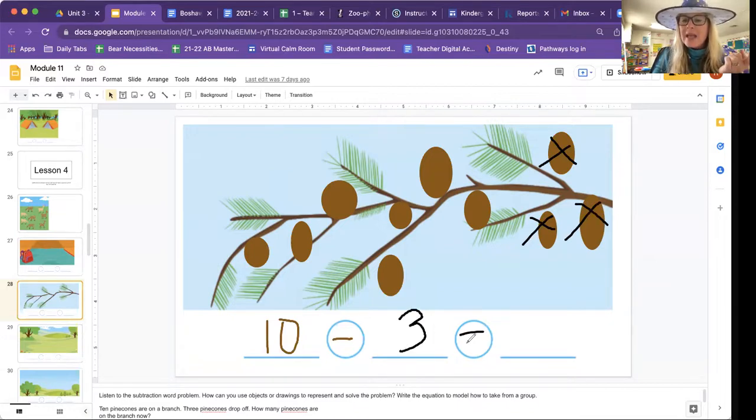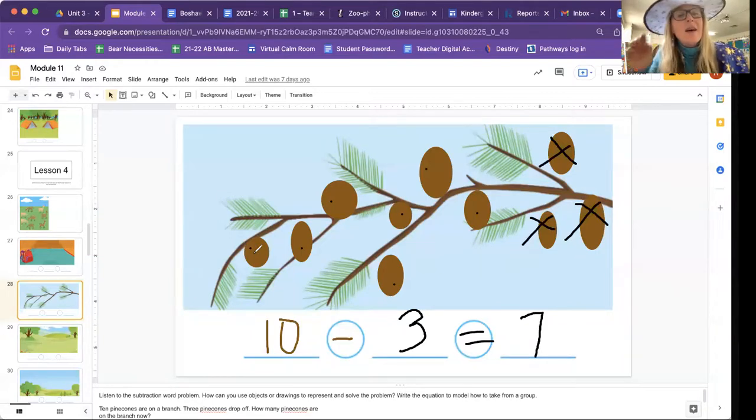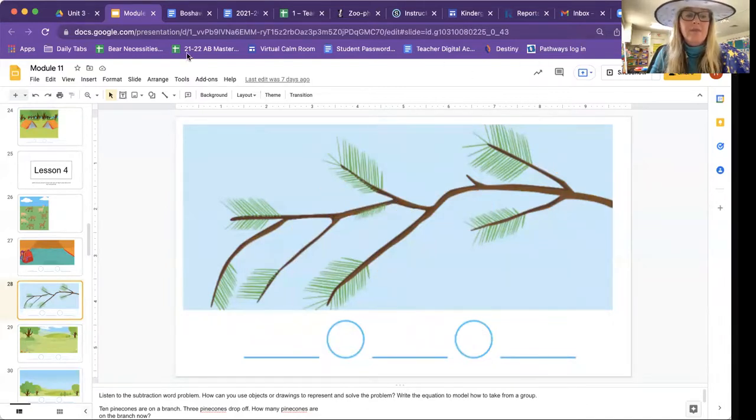Let's count how many we have left on the branch. 1, 2, 3, 4, 5, 6, 7. 7. Now, when I counted, I did a little mark on each one. Do you want to know why? Why do you think that would be helpful? I think it's helpful because then I won't forget to count one of them, right? So 10 take away 3 equals 7.